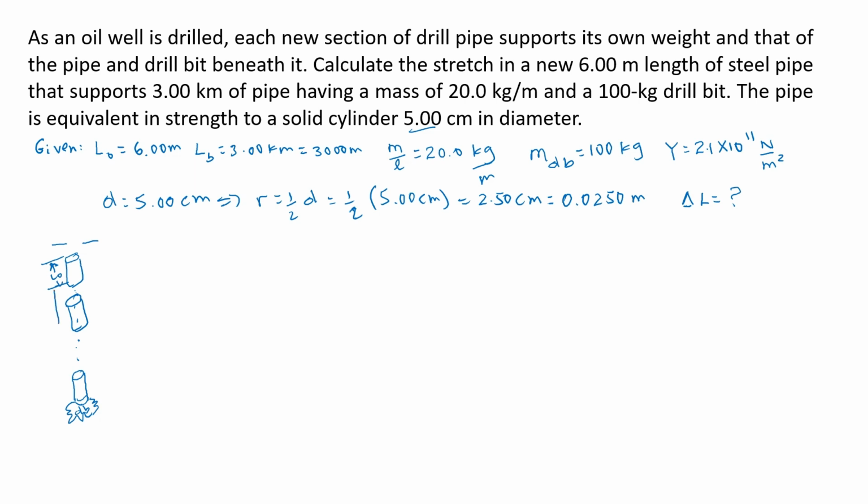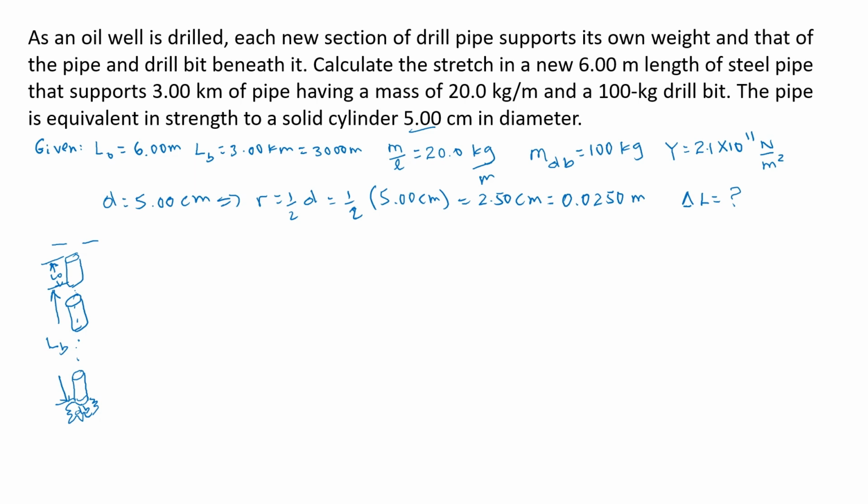And the pipes beneath this newly added pipe are up to 3000 meters. Let's represent that by LB. So now we have 3000 plus 6 meters drilled into that oil well with a drill bit at the end.